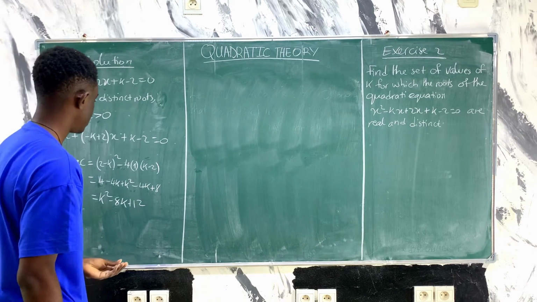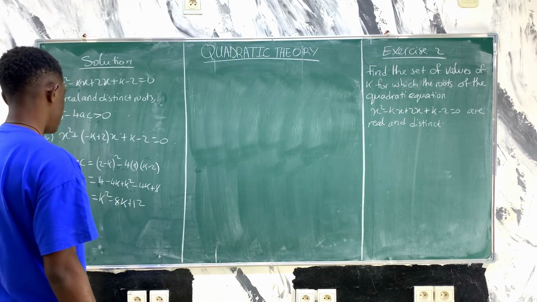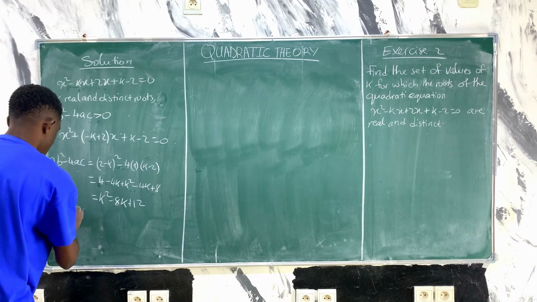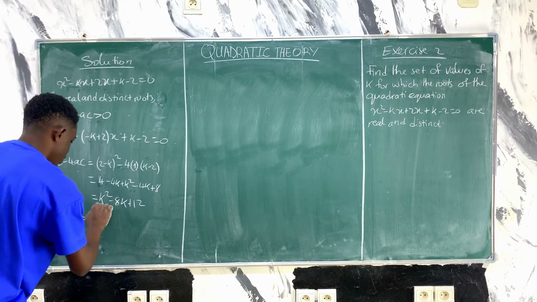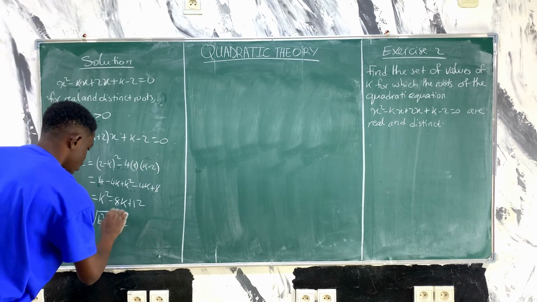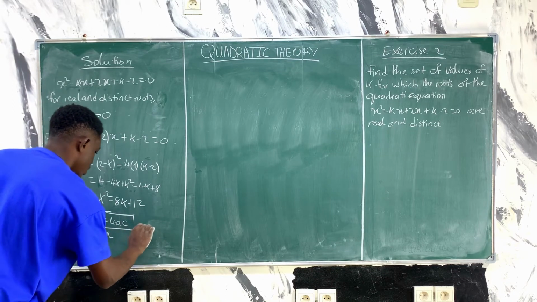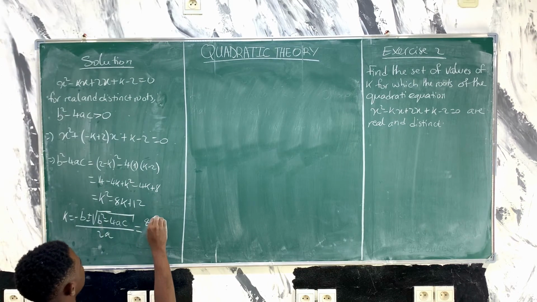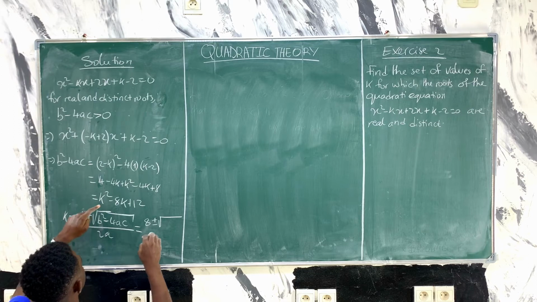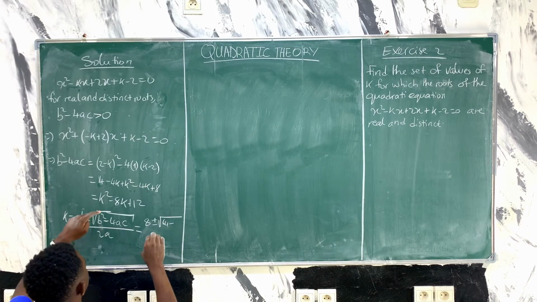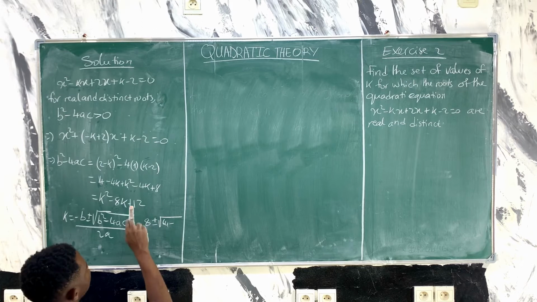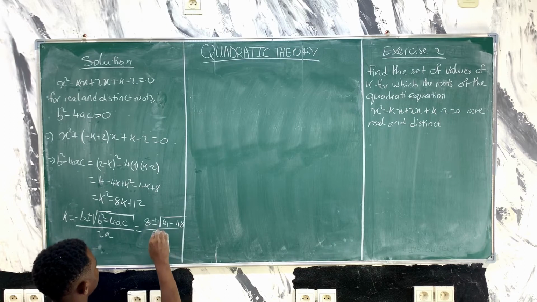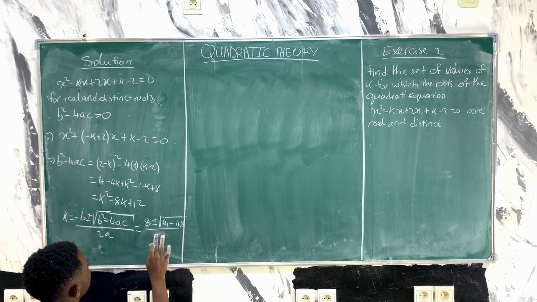So to find the critical values here, or to find the factors here, I can use my formula method. Using the formula method, I have k is equal to minus b plus or minus square root of b squared minus 4ac all on 2a. My b is minus 8, so minus b is 8. 8 plus or minus square root of b squared is 64 minus 4 times 1 times c, so 4 times 12 is 48, all on 2a, where a is 1, so it's all on 2.